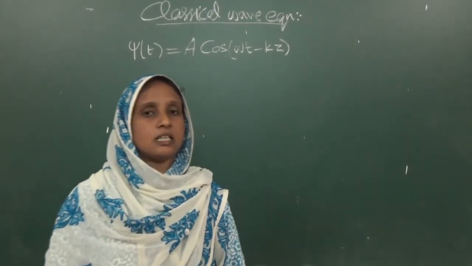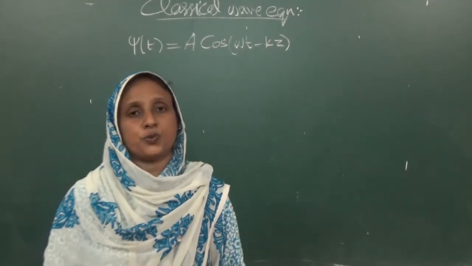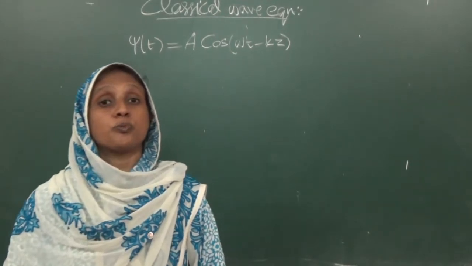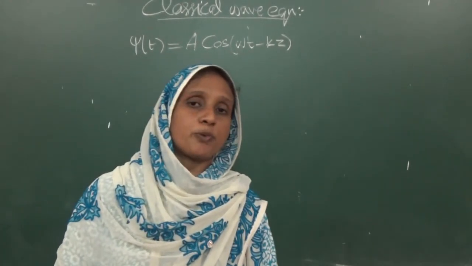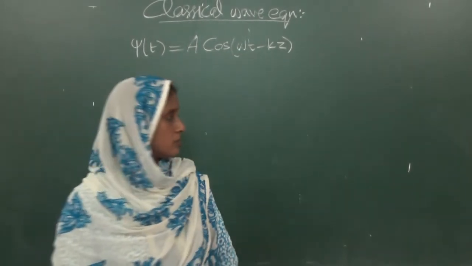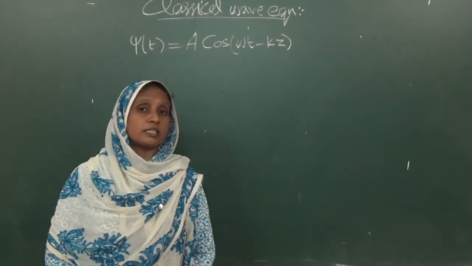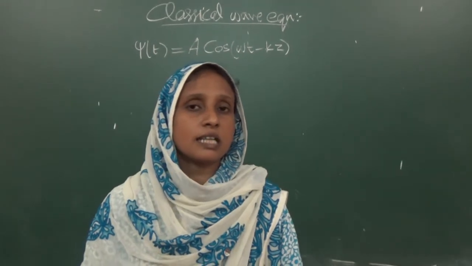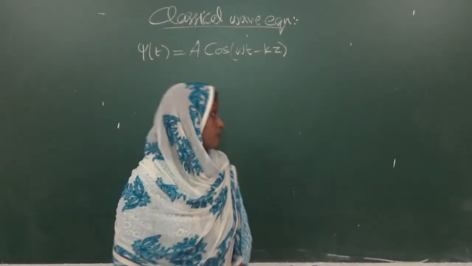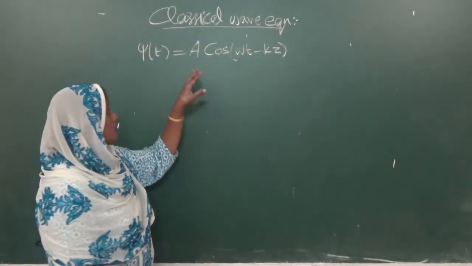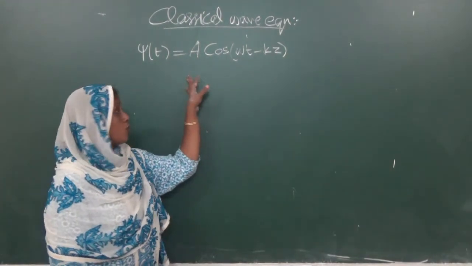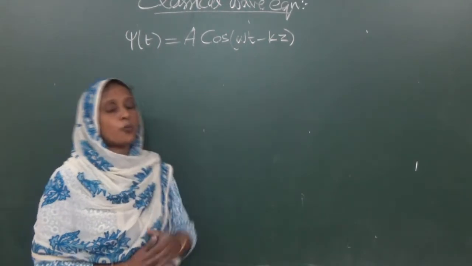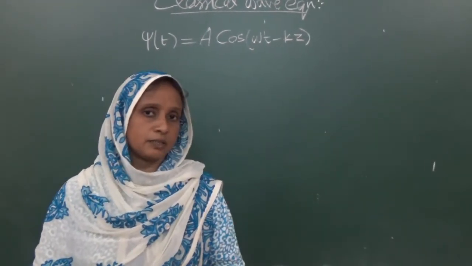Now we can check what the classical wave equation is. In our previous lectures, we learned many properties of waves, but never discussed their equation. Now it is time for discussing the classical wave equation. So consider the harmonic component of the form psi z of t equal to a cos omega t minus kz.